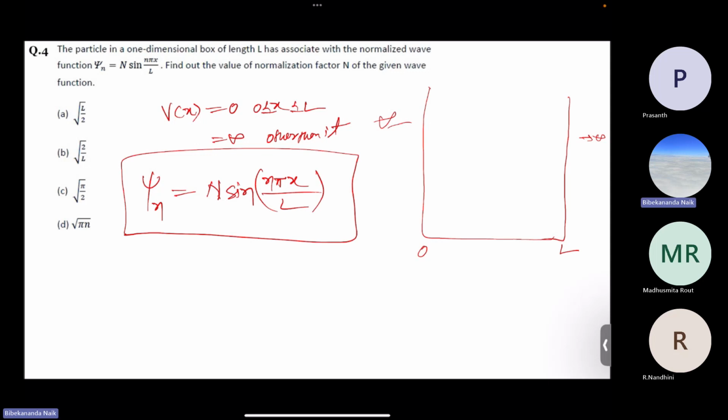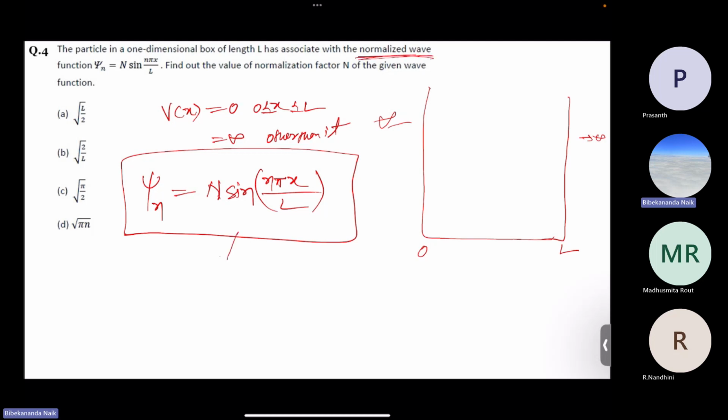The wave function of a particle in a one-dimensional box has the form N sine n pi x by L, where n stands for different levels: n equals 1 for the first level, n equals 2, and so on. But here it is given that it is associated with a normalized wave function.